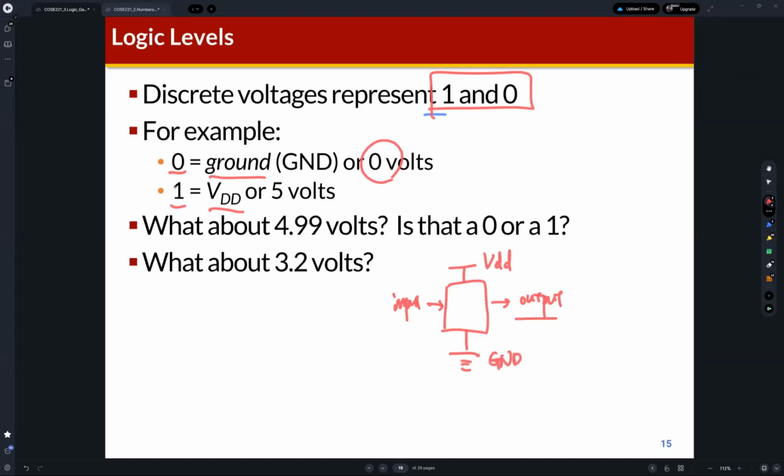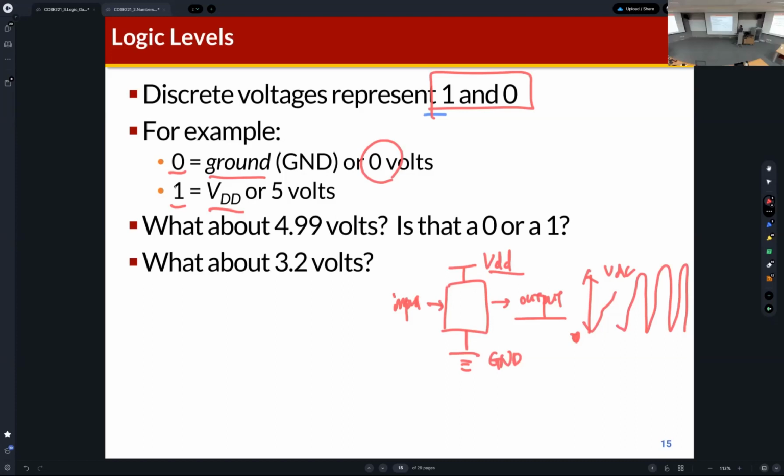The output signal swings between 0 volt and VDD, like this. That is the real digital circuit. The output swings between 0 and VDD. We assume that 0 is ground and 1 is VDD. If this signal is VDD, then this is 1. Or it's ground, and this is 0. That's our convention.